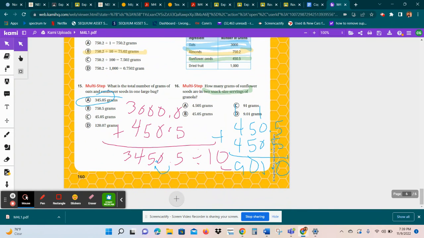So I'm going to erase this part here so I have more space.